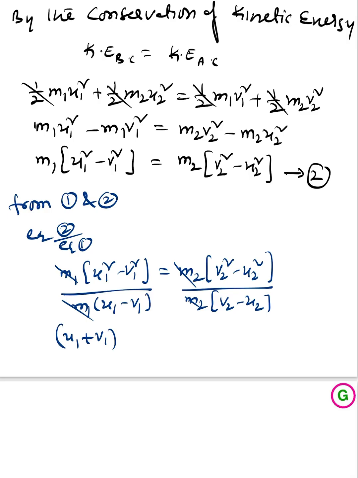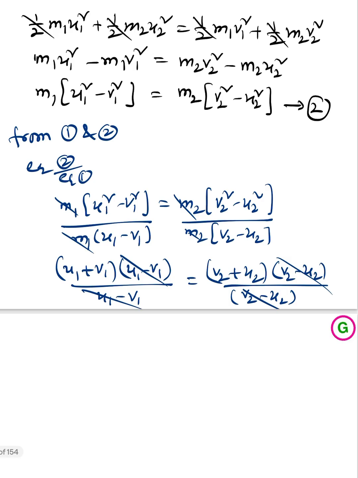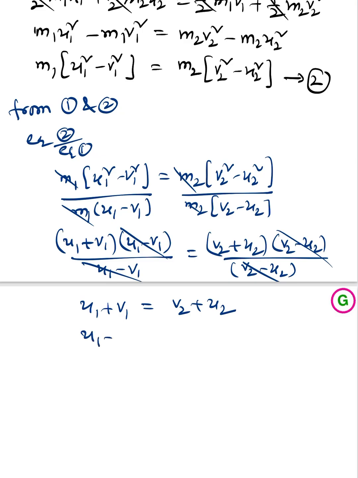So (u1 plus v1)(u1 minus v1) by (u1 minus v1) equals (v2 plus u2)(v2 minus u2) by (v2 minus u2). The common factors cancel, so finally u1 plus v1 equals v2 plus u2. Now we write u1 minus u2 equals v2 minus v1.